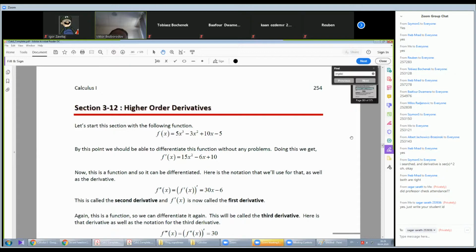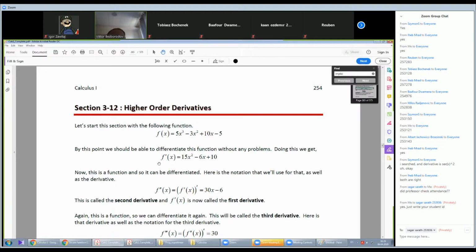Okay, then there are the higher order derivatives. Now the second derivative, the derivative of the second order, is just the derivative of the derivative, right? The derivative is a function itself. So this is our function f, this is the derivative, but now you can also take the derivative of the derivative.